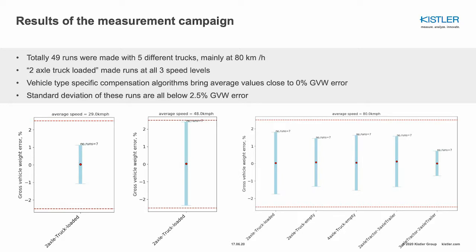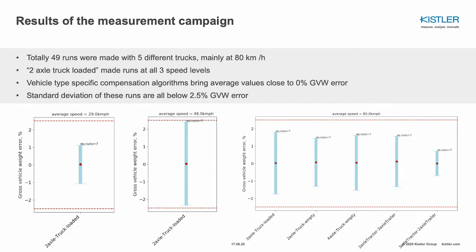We see again the average value of gross weight is very close to 0 and the standard deviation is below 2% accuracy. The same truck empty is the next graph, and this shows an even better standard deviation of around 1.5%.